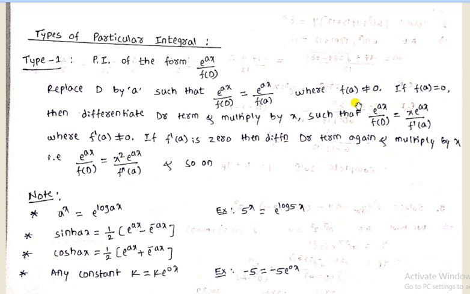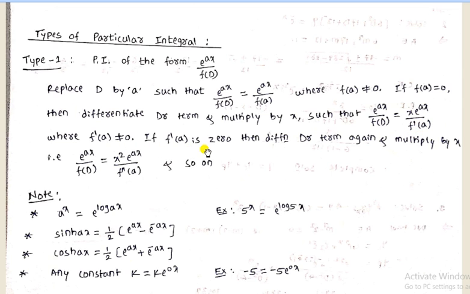Suppose f of a equals 0. Then we differentiate the denominator term and multiply by x. Therefore e raised to ax divided by f of D is equal to x e to the power ax divided by f dash of a, where f dash of a is not equal to 0.